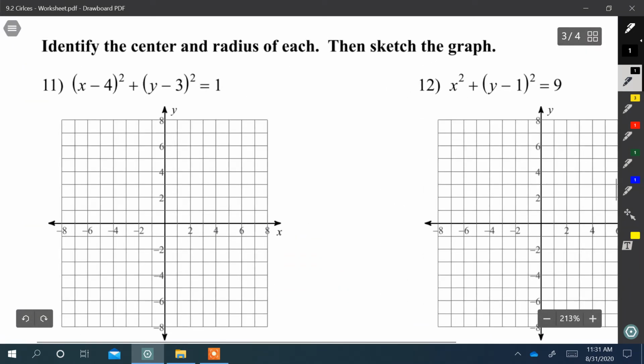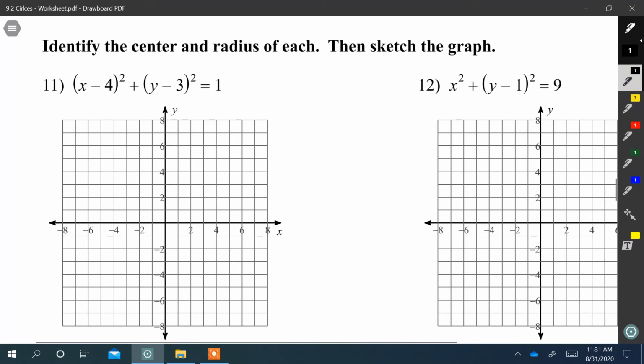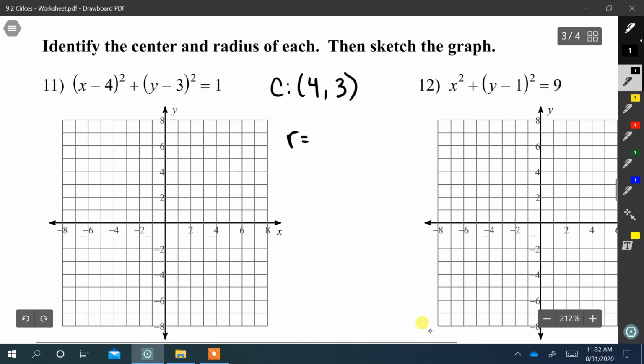All right, so in this one here, we're going to identify the center, and then we're going to do the radius, and then we're going to do a sketch of a graph right there. So the center is very easy to tell just by looking at this. Remember, it's always the opposite. We have 4, and then we have 3. And then the radius, well, what's the square root of 1?